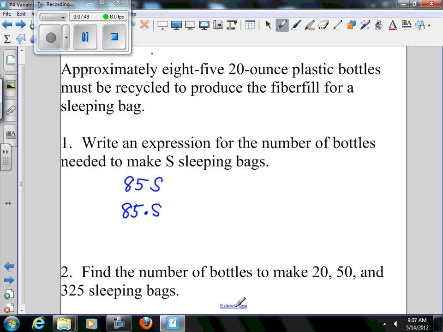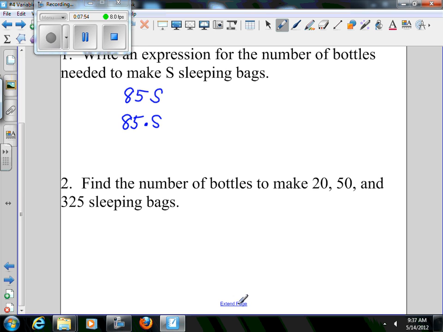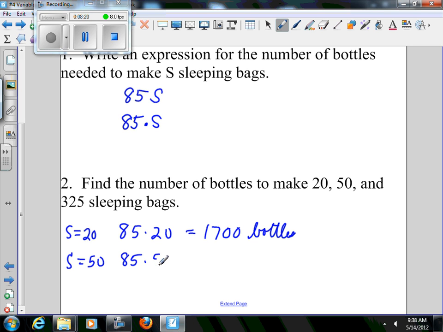So find the number of bottles to make 20, 50, and 325 sleeping bags. So, in the first case, S is 20 for 20 sleeping bags. So we're going to say 85 times 20. And 85 times 20 gives us 1,700 bottles. Okay, now if S is 50, we're going to take 85 times 50.